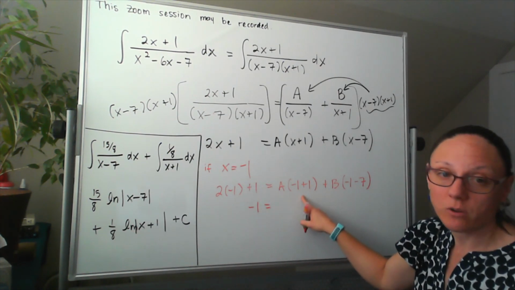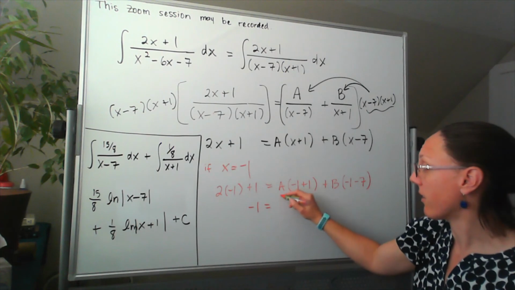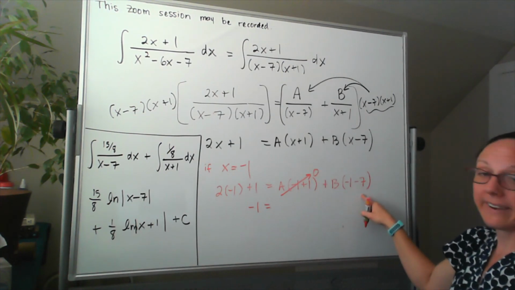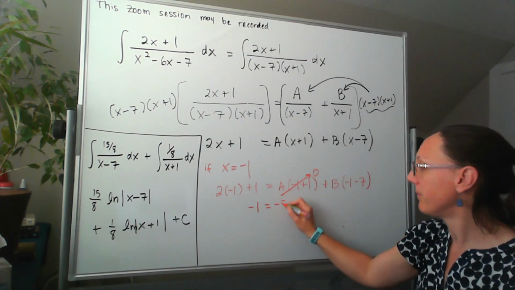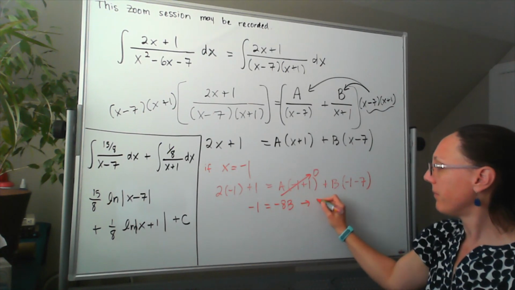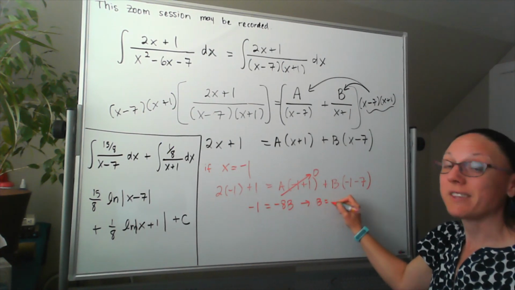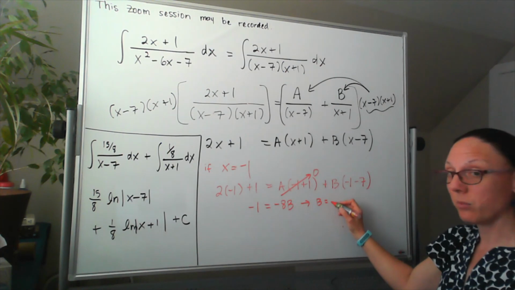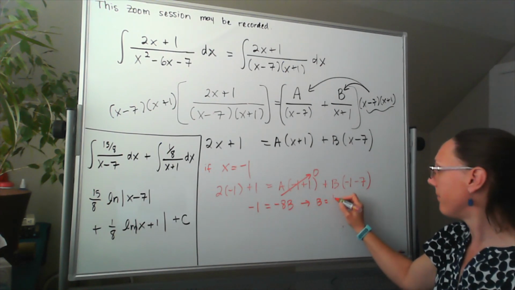The whole reason we chose -1 is so part of this would go to 0. And here I've got -8b, which gives me the same value that we had before, that b must be equal to 1/8.